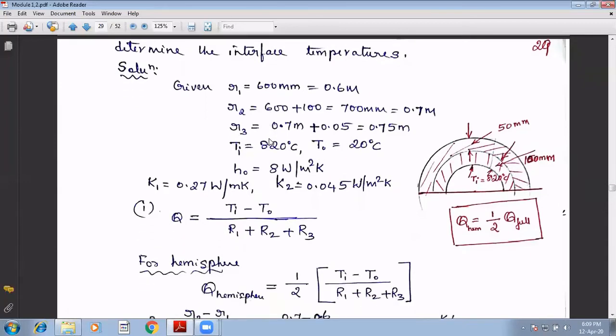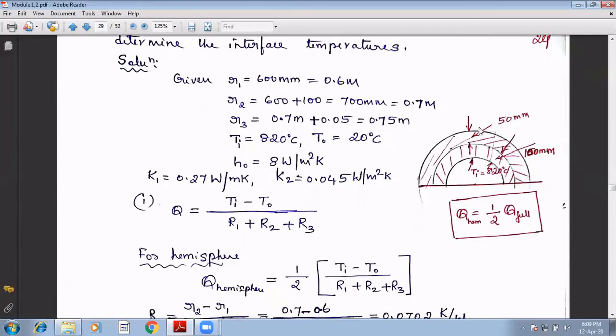Now here, this is the diagram corresponding to the given problem. You have a sphere over which you are mounting an insulating layer of 100 mm thick. Over that, you are mounting one more insulating layer, which is of 50 mm thick. Now, the sphere is having a radius of 0.6 meter. So from this point to this, R1 is 0.6 meter, over which we have mounted an insulating material.